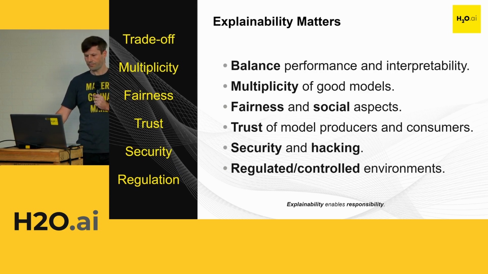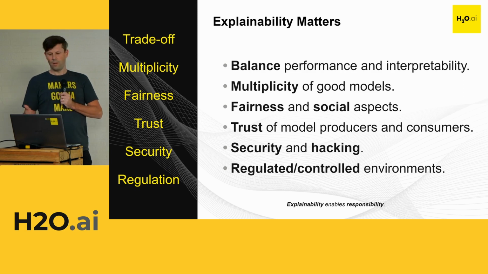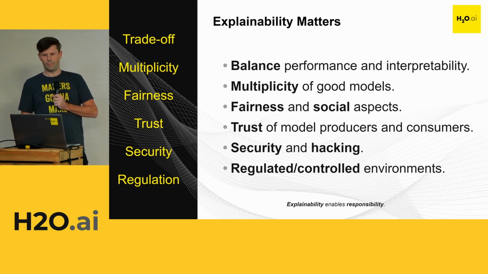So, to summarize, explainability can help you to balance performance and interpretability, and to make a reasonable decision about which model to use when you have multiple models. It can help you to build fair models which are not discriminatory. It can help you to establish trust, so that you trust the model and the consumer of that model trusts it.